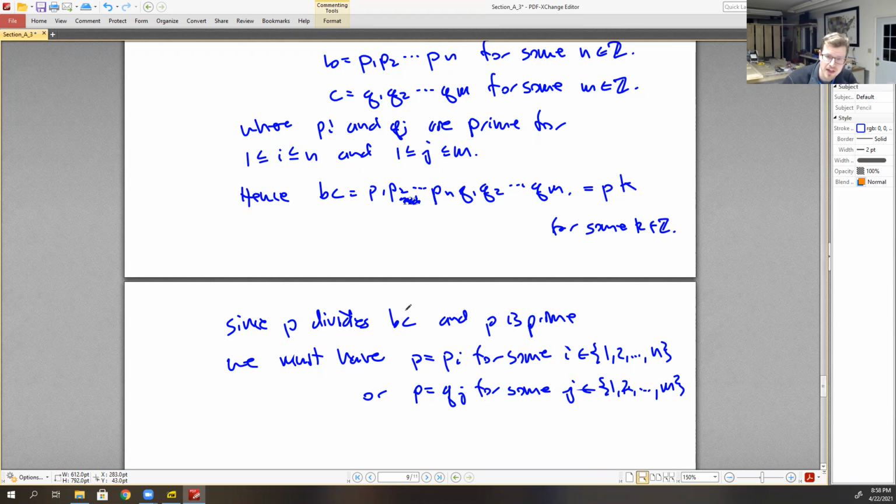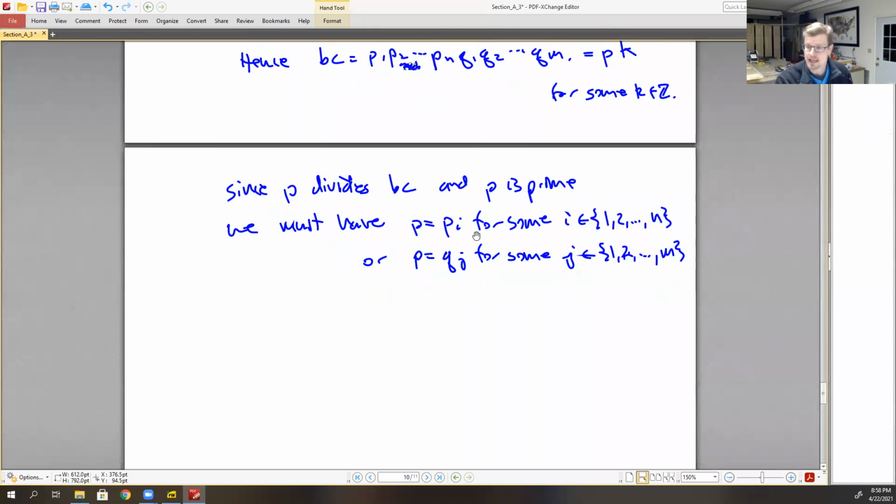So P must be one of these numbers over here. It's either one of these P's or one of those Q's. If it's one of the P's, then P divides B. If it's one of the Q's, then P divides C. Okay, and that's what we wanted to show. If P divides the product, then P divides one of the two of them. So P must be one of these or P must be one of those, and we essentially have what we need.